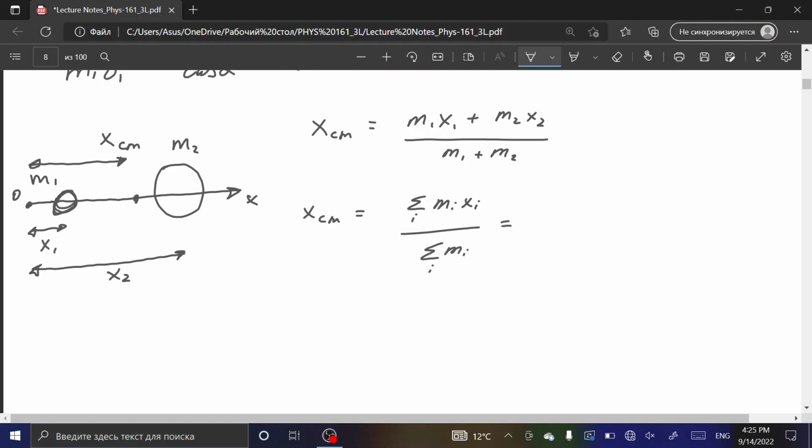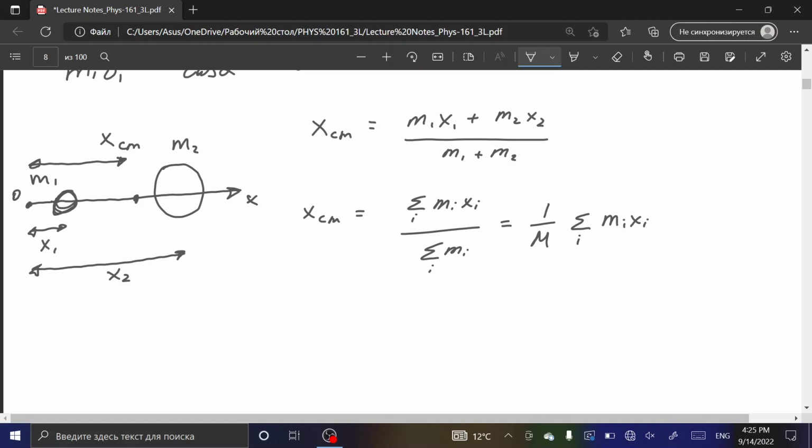So that could be represented as 1 over capital M. Capital M in our discussion will be the total mass of the system, times the sum, for all objects, of mi times xi. So that is the position of center of mass for a system of many distinct bodies. They have defined mass and defined position.